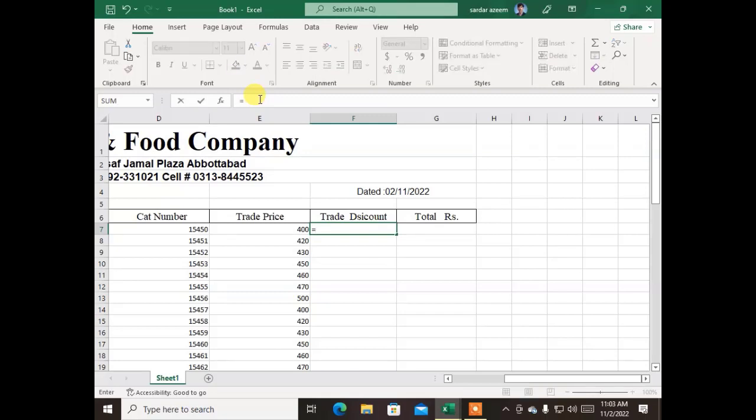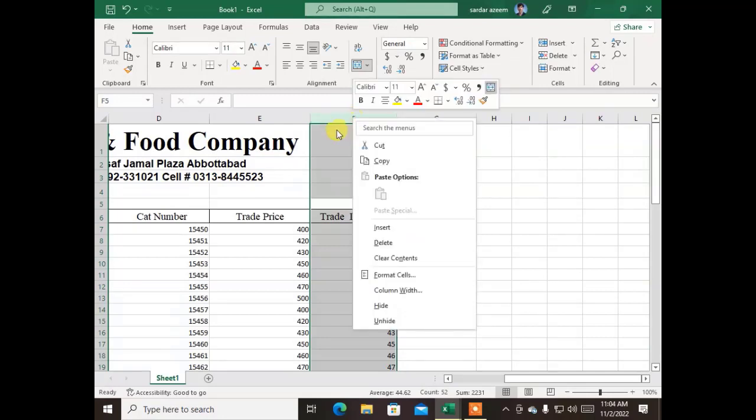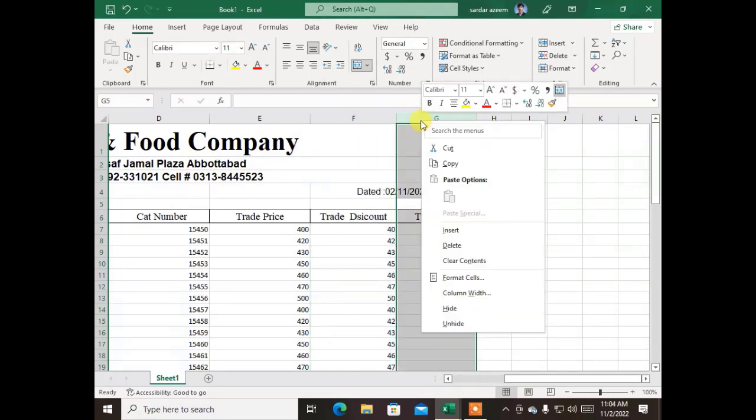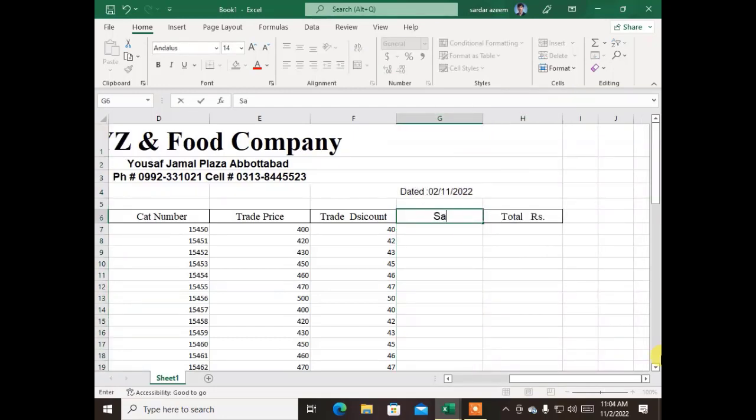We'll go to this trade discount column, and we will select the trade price multiplied by the percentage of discount, that is trade discount. Now after calculating trade discount, we must have one more column. I'm going to insert it here, that is sales price. Sales price will be calculated from trade price minus trade discount.